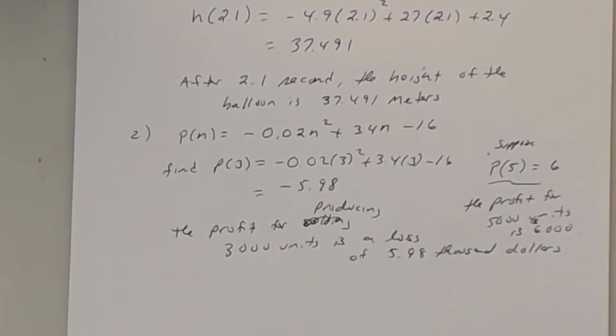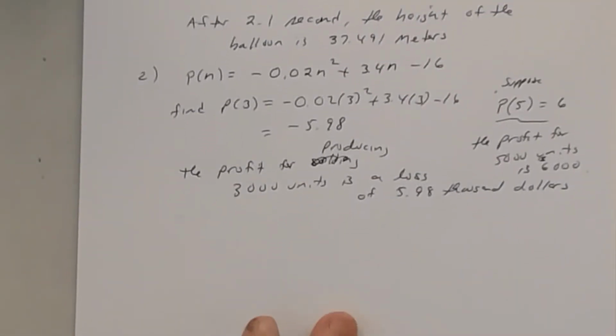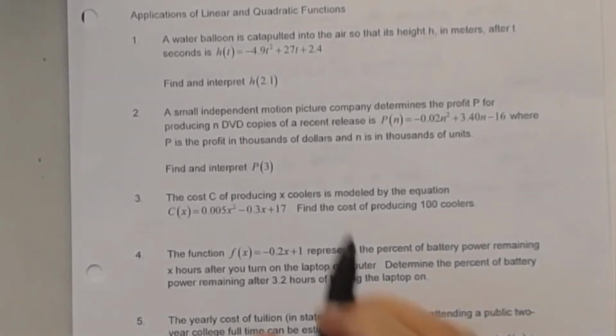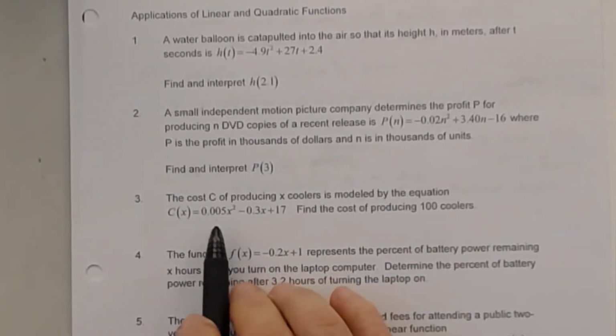All right, number 3. Okay, number 3, it says the cost of producing X coolers is modeled by this equation. Here's the equation.